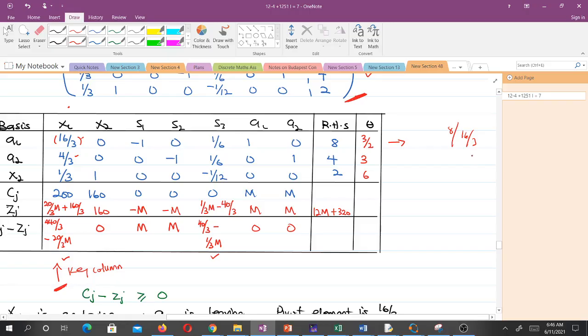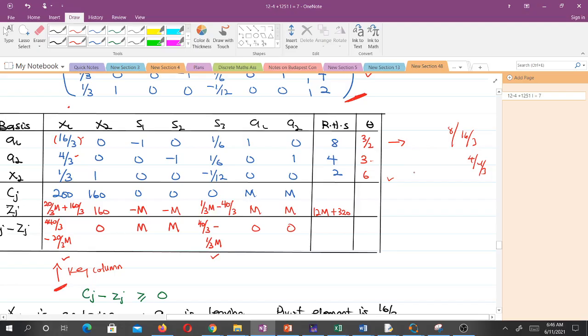Then this one will give you 4 over 4 over 3, which is giving you 3, and this will be 2 over 1 over 3, which is giving you 6. So you can see that the least value here is 3 over 2, which is 1.5. So that means that the row A1 is going to leave for x1 to enter the basis.